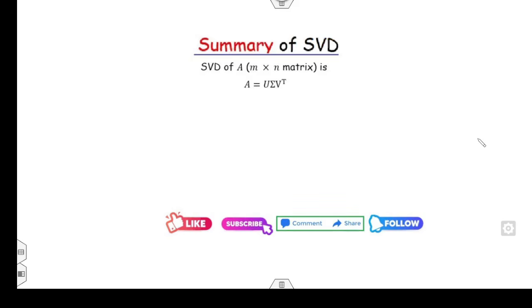Now I quickly recall the summary. Your target is to write any matrix A into the 3 matrices U, sigma and V, where U is my orthogonal matrix, V is also known as the orthogonal matrix and sigma is called the singular matrix.